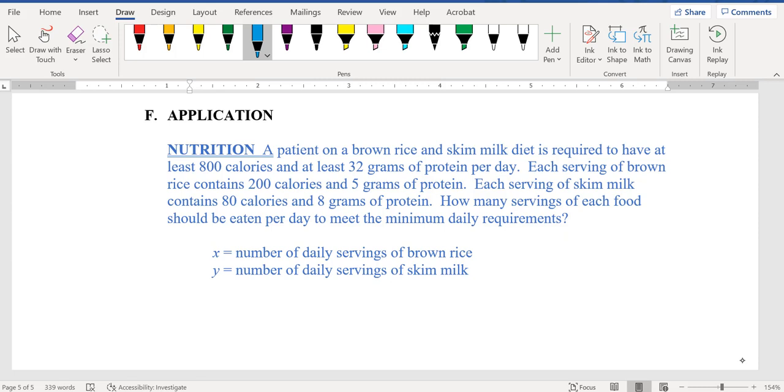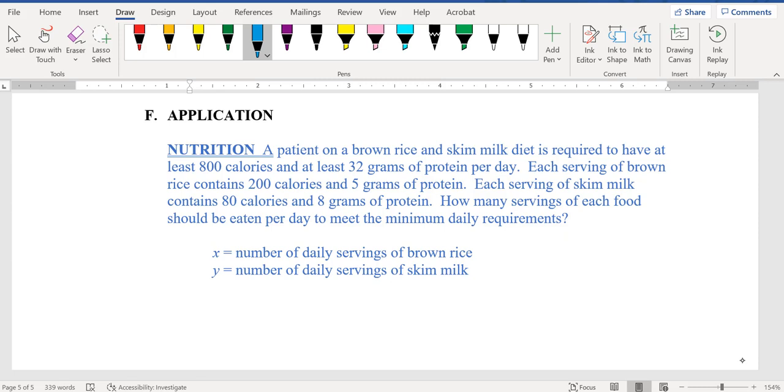Each serving of brown rice contains 200 calories and 5 grams of protein. Each serving of skim milk contains 80 calories and 8 grams of protein. How many servings of each food should be eaten per day to meet the minimum daily requirements?